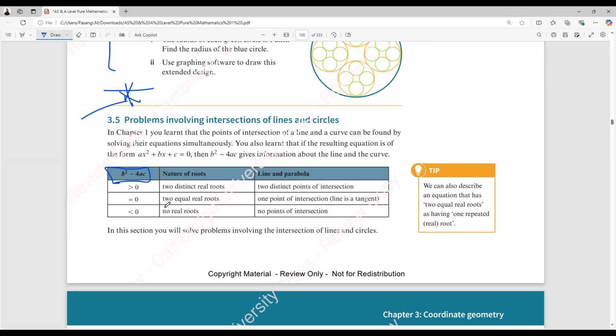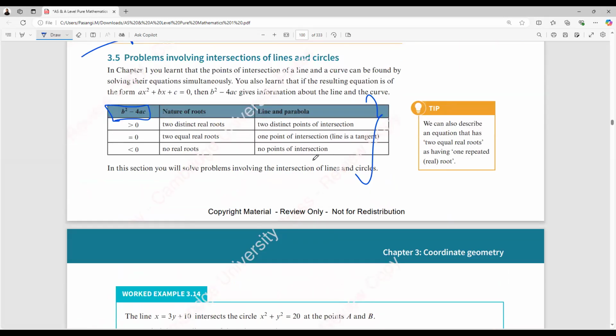If it is less than 0, there is no real root, a complex root, which means there are no points of intersection. According to the equations, we can decide how many intersection points there are. It's clear, right?